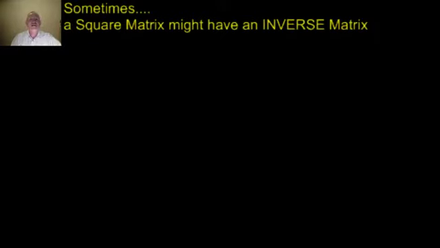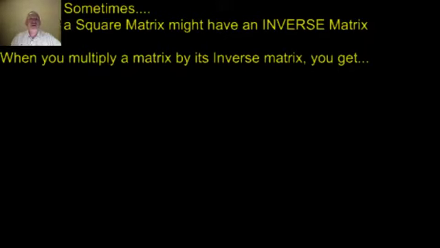Well, I know what an inverse is with normal numbers, like the inverse of, say, 2 is a half, or the inverse of 7 is 1/7. Now when you multiply a normal number by its inverse, you just get 1. 2 times a half is 1, or 7 times 1/7 is just 1.